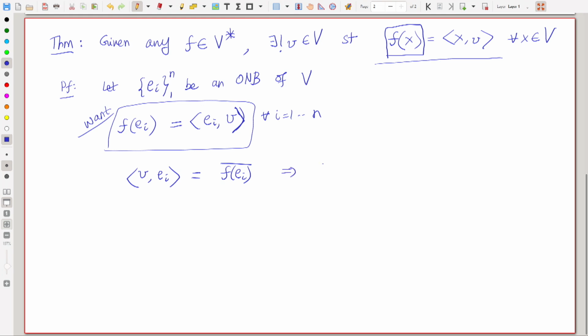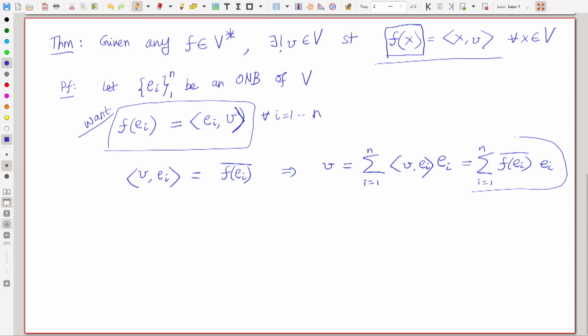So, v has to have the following form. Remember that if you write v as a linear combination of the basis elements, the coefficients are nothing but its inner product with those basis elements, because it is orthonormal. So, v had better be the sum of conjugate of f of e_i times e_i.